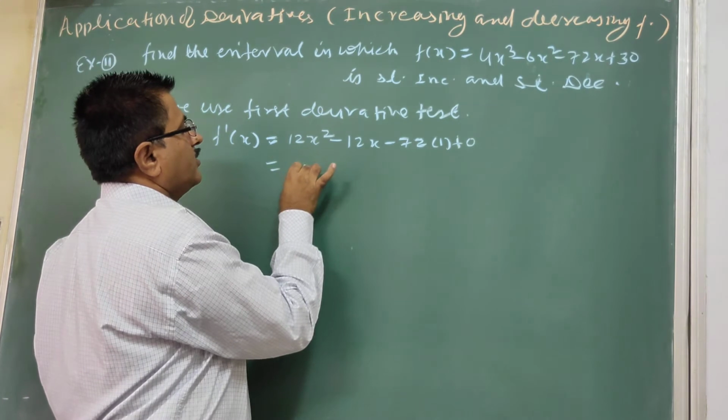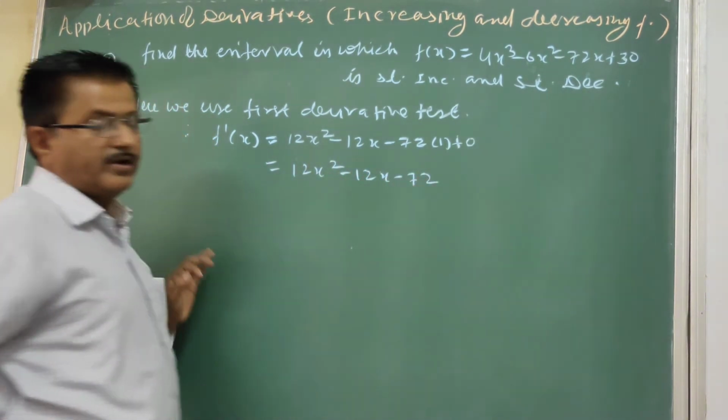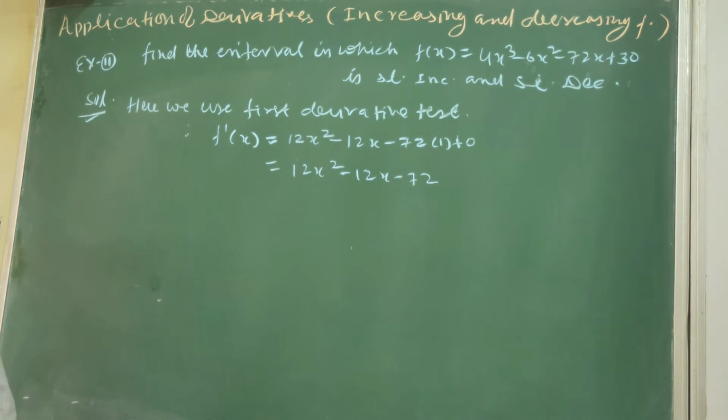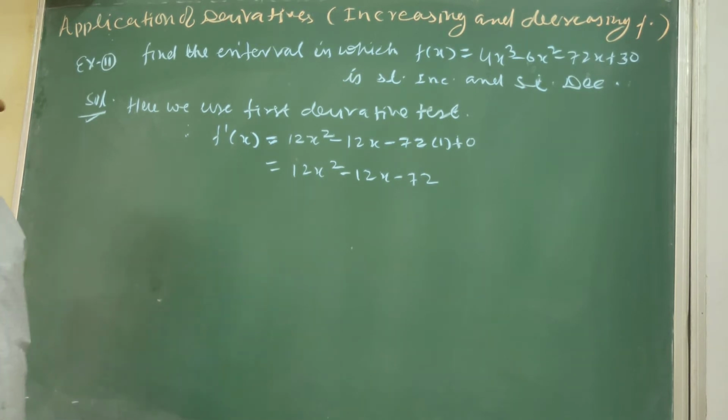So finally we get 12x square minus 12x minus 72. So this is the derivative of the given function. We find the first derivative because we want to use the first derivative test.